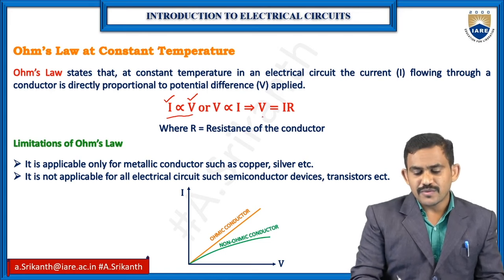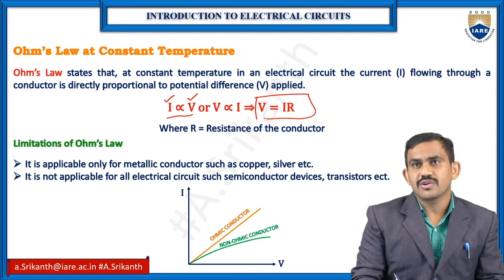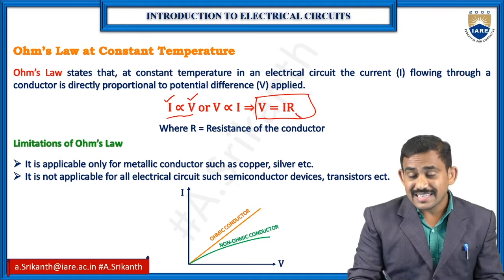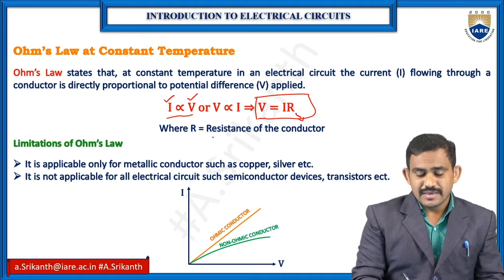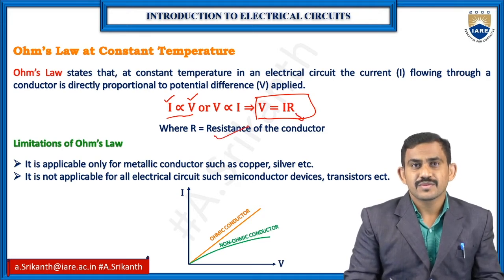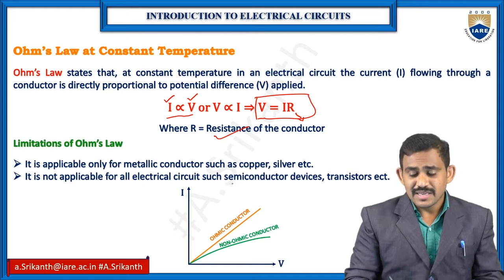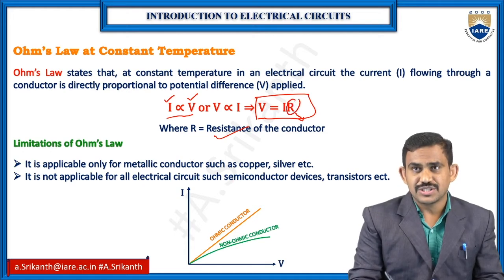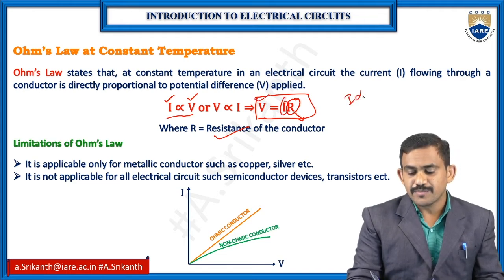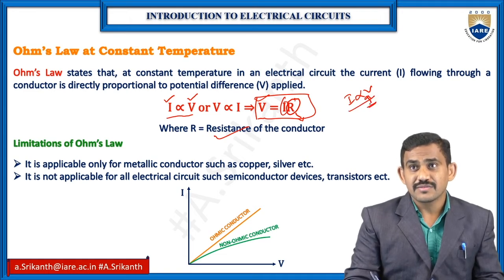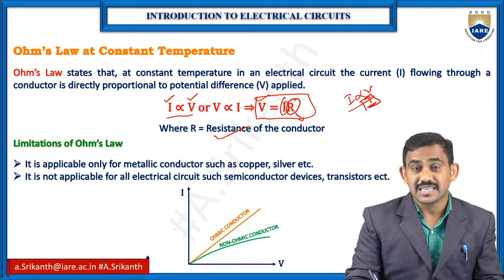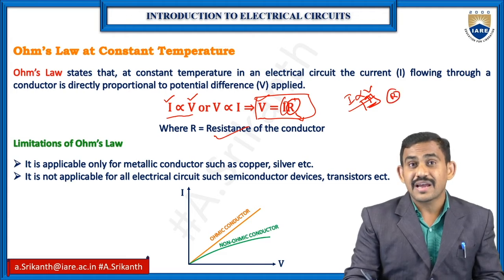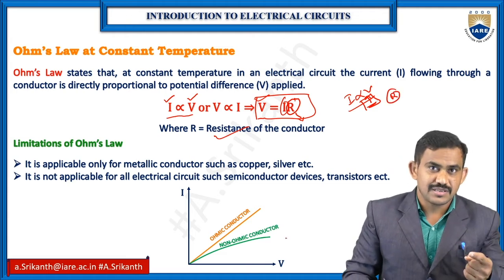And the formula for Ohm's law is V equal to I into R. Here R is your resistance. Why this resistance? If the R value is changed, automatically your voltage value will change, not depending upon your current. So in general, I is directly proportional to V, and the constant is R. Your resistor value will change at different temperatures.